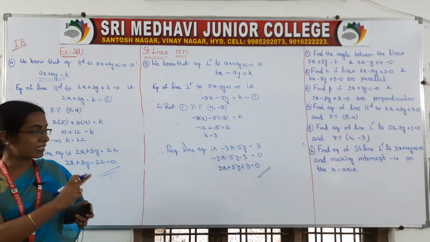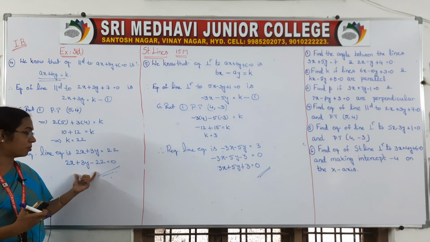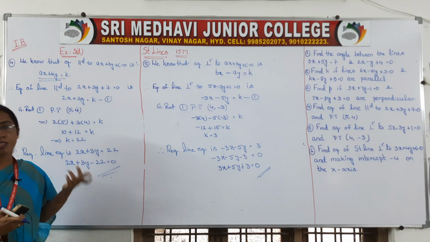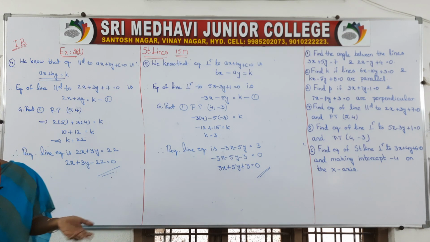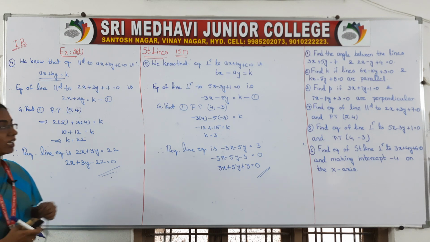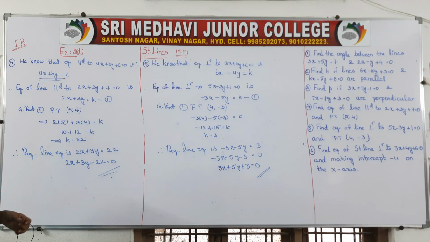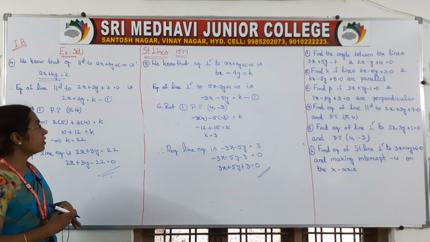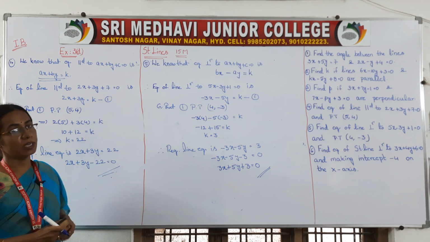At the end, your line equations will be in the form of ax plus by plus c is equal to 0, where a, b, c are real numbers. They can be positive, they can be negative, they can be 0. Okay, so this is your fifth question. In the previous problem we took parallel, in this problem perpendicular.